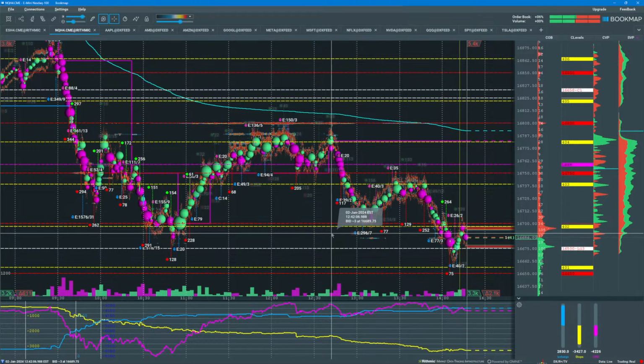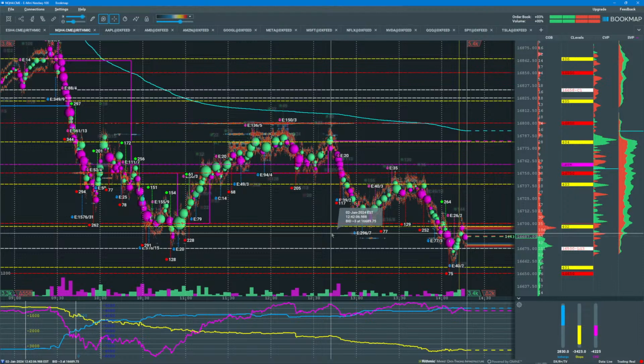All right, GH asks, do you trade solely with Bookmap, or do you use Confluence's other indicators? Can you trade solely with Bookmap and be successful? I use only Bookmap and Hero.